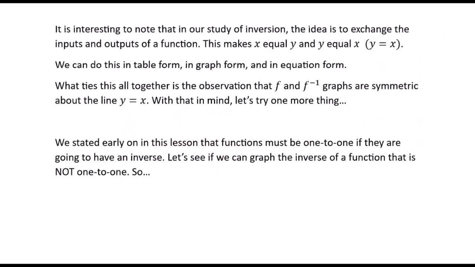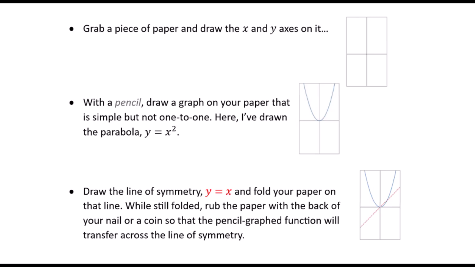So with that in mind, let's try one more thing. We stated early on in this lesson that functions must be one-to-one if they're going to have an inverse. Let's see if we can graph the inverse of a function that is not one-to-one. So, go ahead and grab a piece of paper and draw the x and y axes on it. Remember, you can pause this video at any time so you can catch up on the activities.